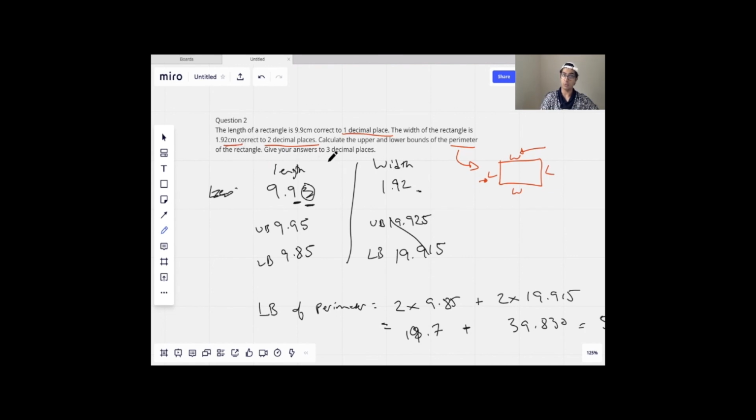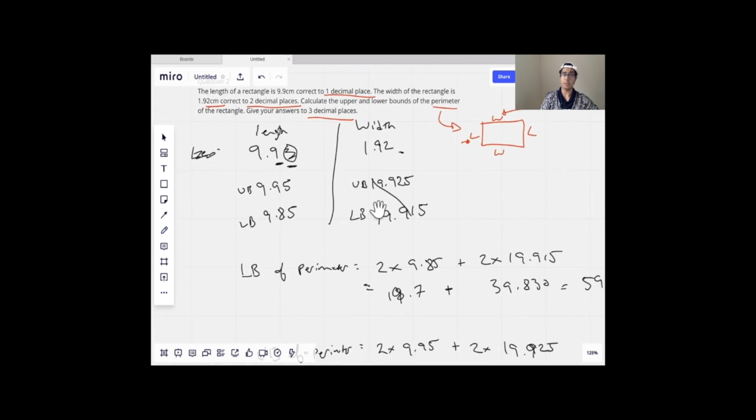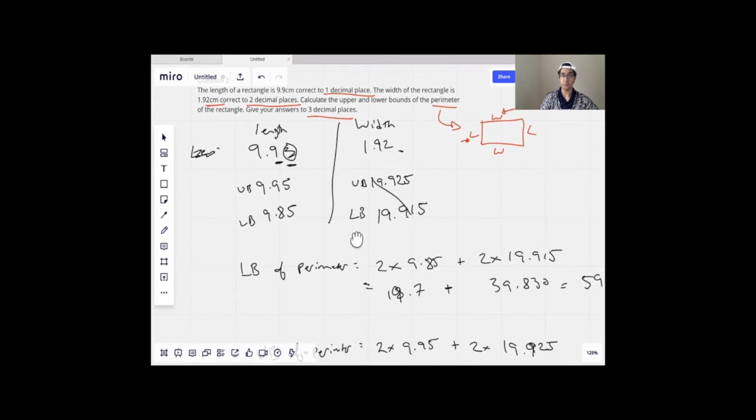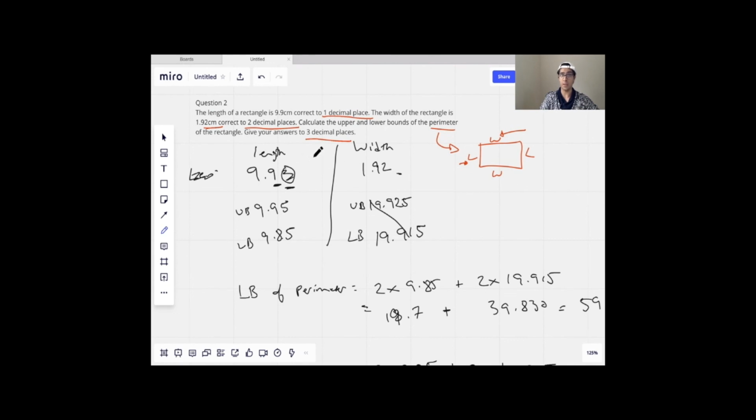It was also very helpful to underline 3 decimal places, to remind you to give your answer in 3 decimal places. So in general, whenever I see a question that's a bit more complicated, you can underline the key pieces of information as a reminder of what you need to do.